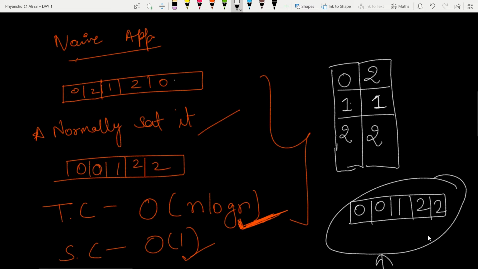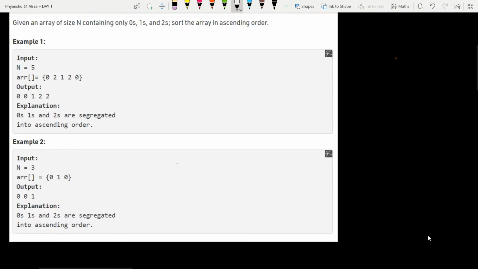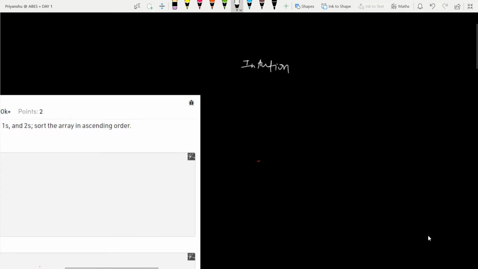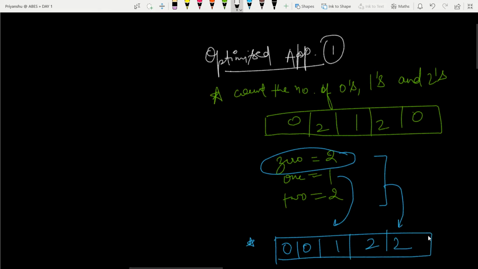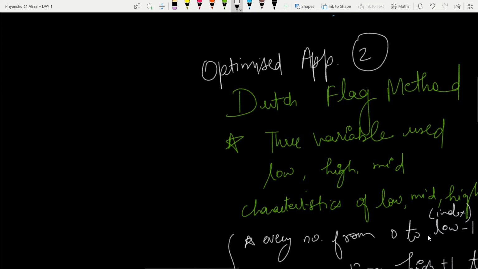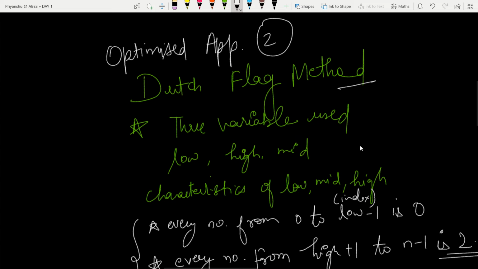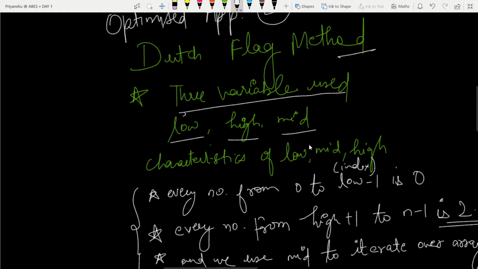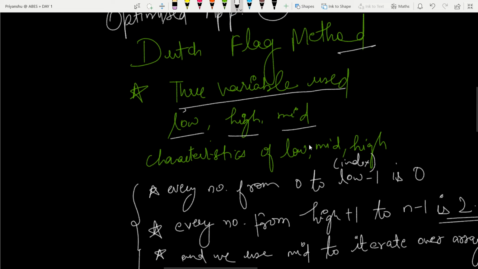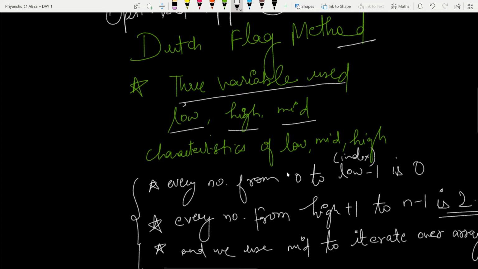We use the Dutch flag algorithm to solve this problem. The Dutch flag method states that we are going to use three variables: low, mid, and high. What is the significance of low, mid, and high?